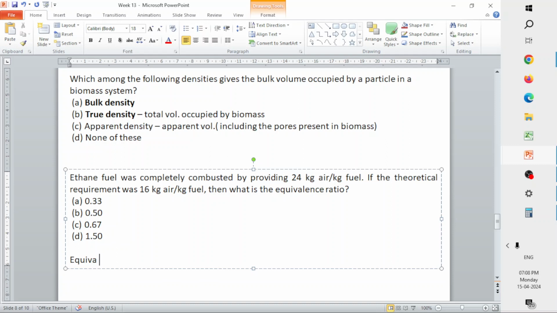So I hope we know the definition of the equivalence ratio. Equivalence ratio is defined as the theoretical air to fuel ratio to the air to fuel ratio required for that system. And here, to simplify our problem, the theoretical requirement and the operating system requirement are given. So the theoretical one here is 16 kg of air per kg of fuel.